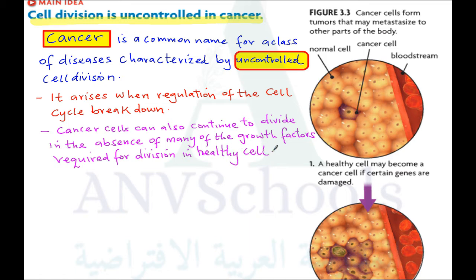So this is a very big problem for these cells. As a result, they divide much more often than do healthy cells.